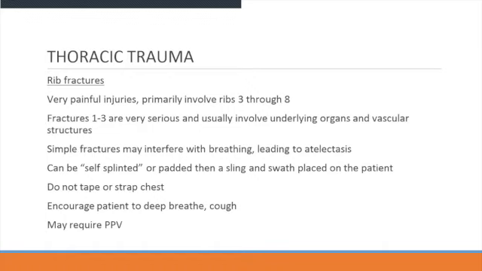Rib fractures 1 to 3 are very serious and usually involve underlying organs and vascular structures. A simple fracture can interfere with breathing, leading to atelectasis.